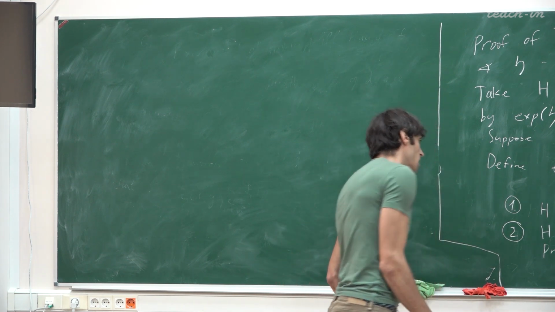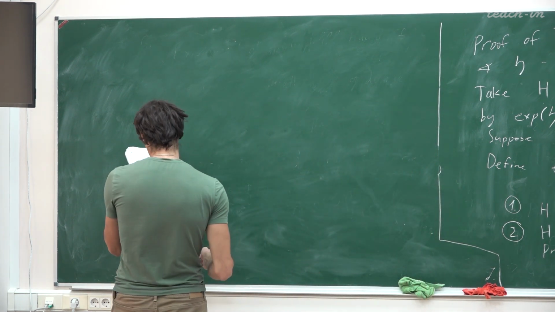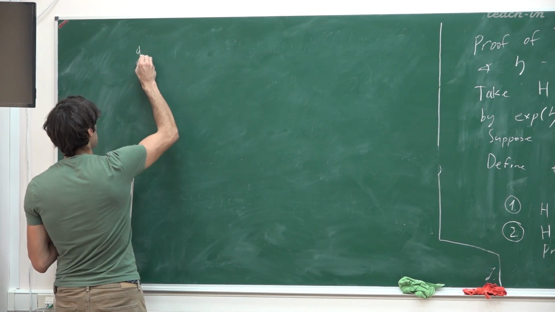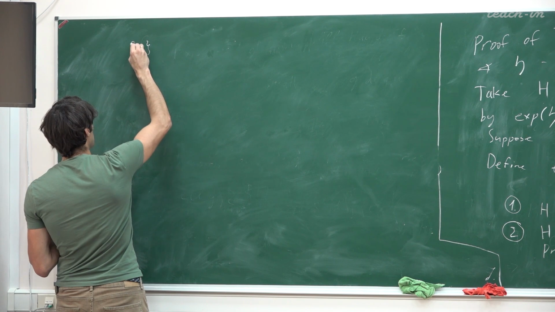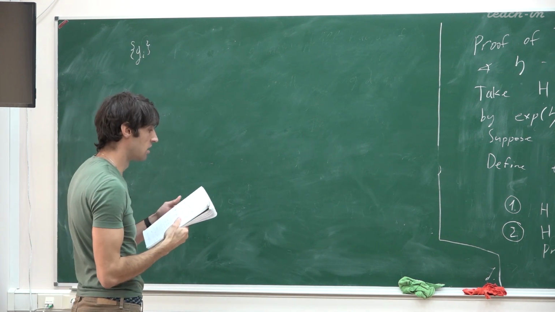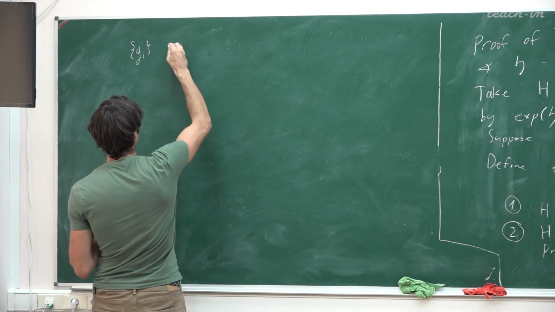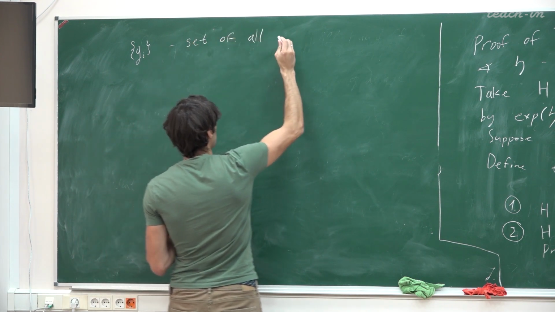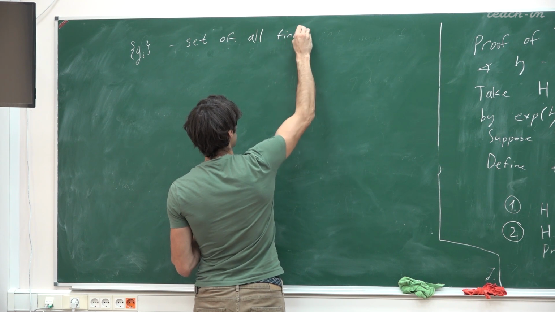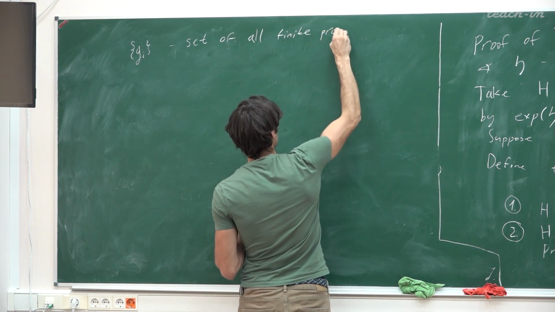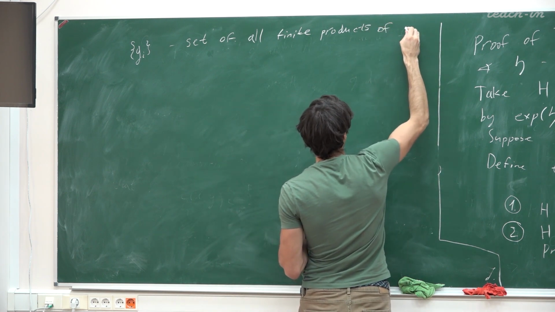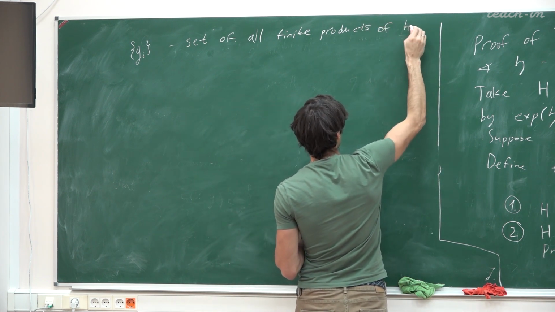Okay. So then I take another set, G_i. So this is the set of all finite products of elements from H_i.